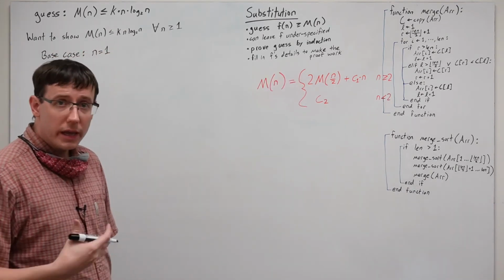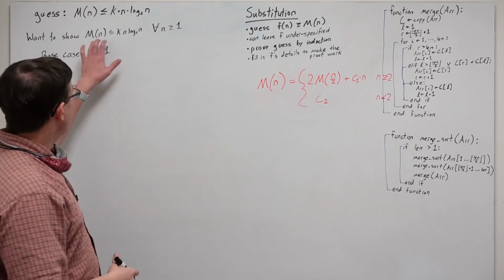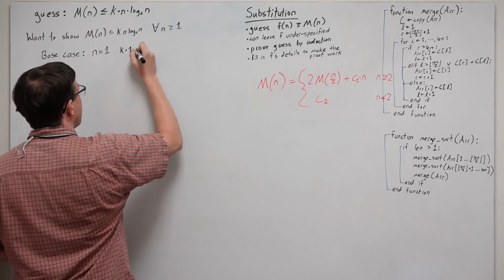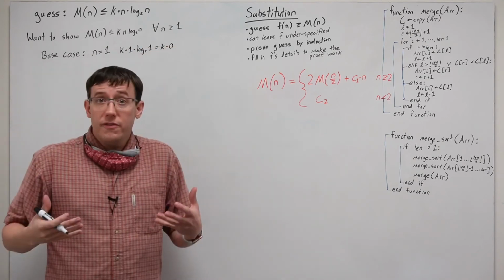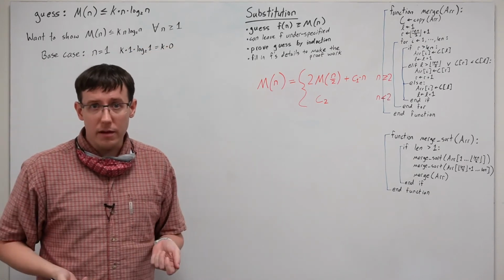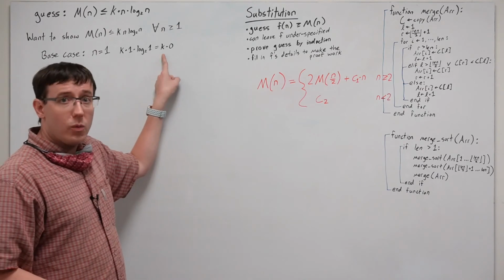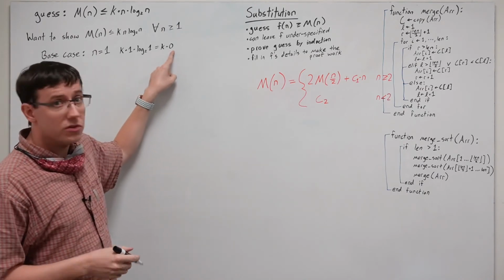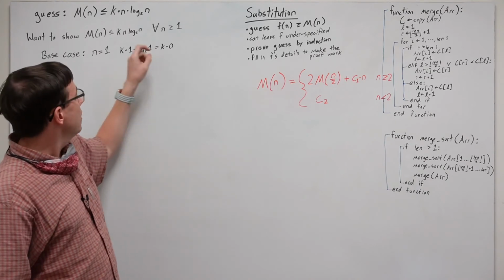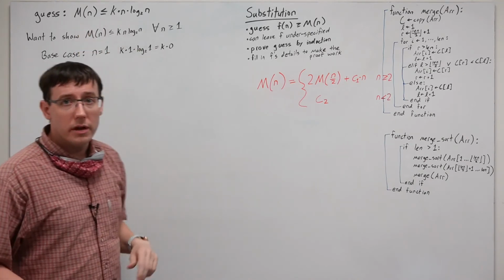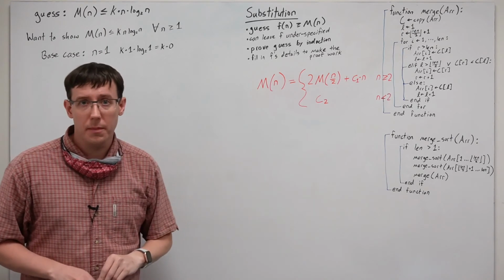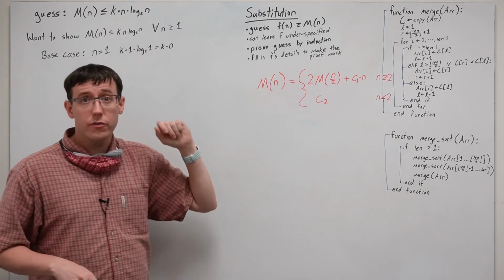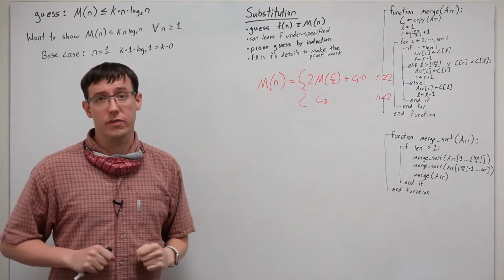And if we plug in n equals 1 to our upper bound formula, we get a value of 0, and no matter what k we pick, it will not be the case that k times 0 is larger than m, and so we've already messed something up. We cannot prove that this upper bound holds for all positive integer values of n.